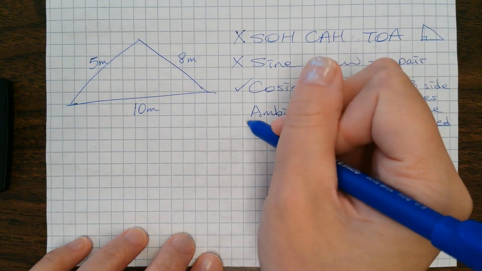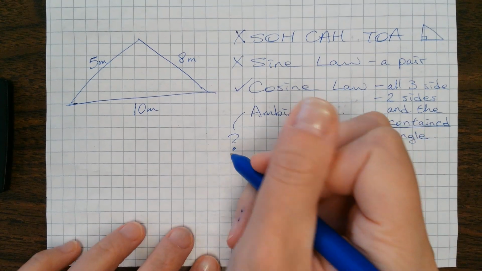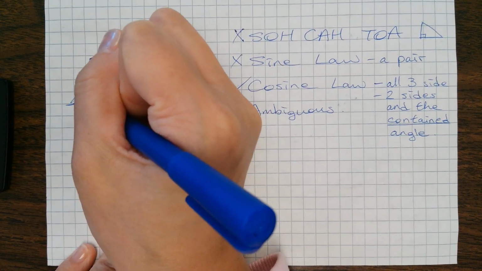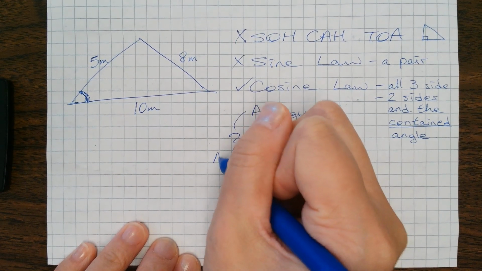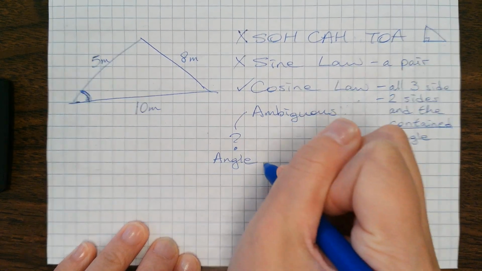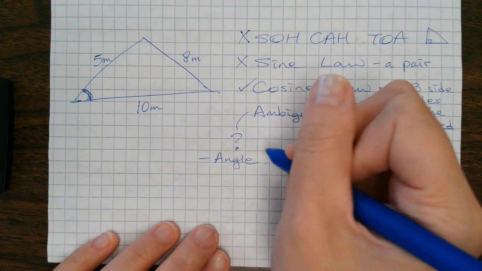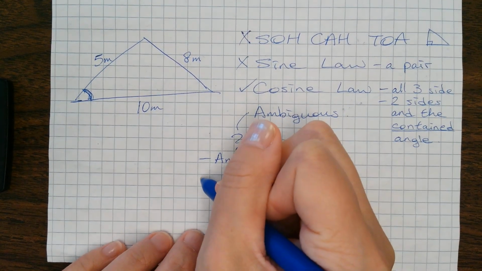So you need this maybe, but it depends. That means you have to find the angle first. All right, you find the angle. What were the conditions? What does that angle have to be? Yep. Acute angle. So the first condition is that it has to be an acute angle.